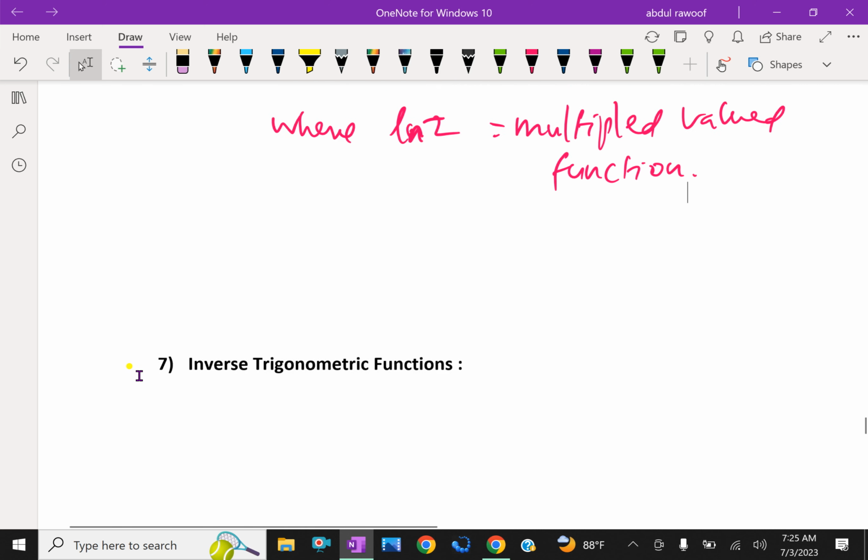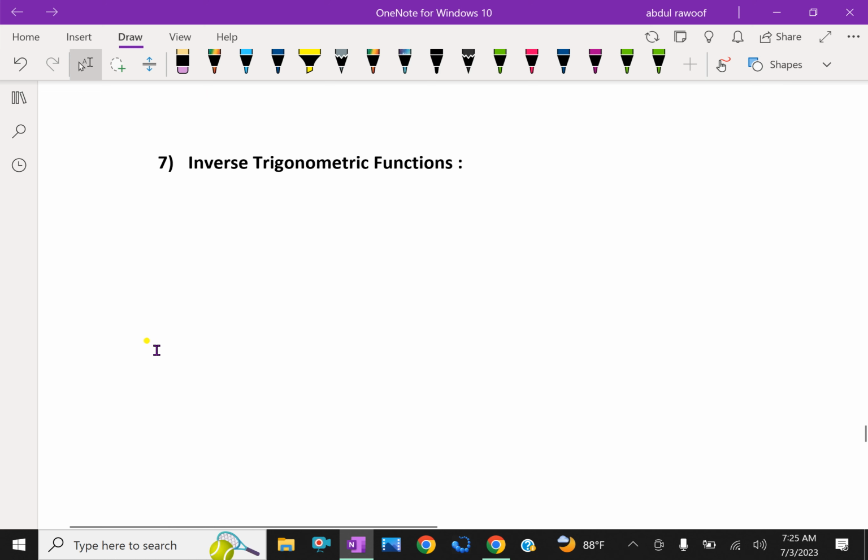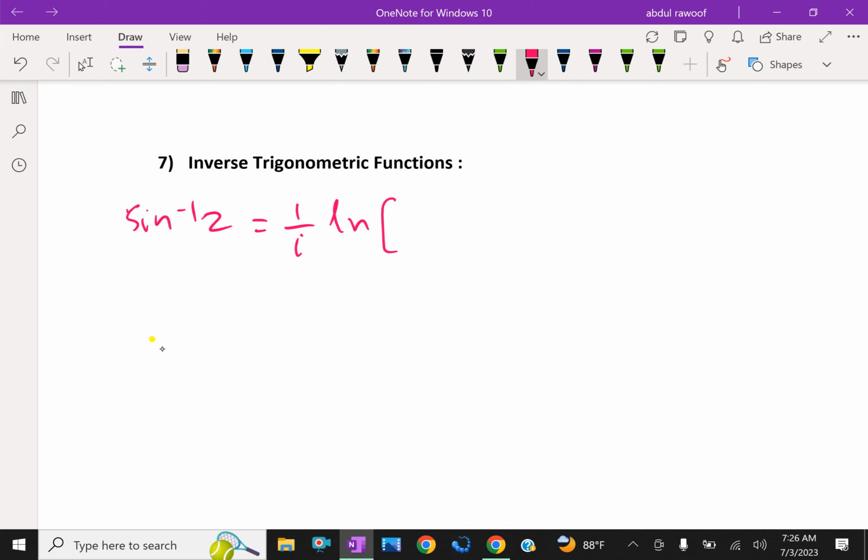Now, next is inverse trigonometric. For inverse trigonometric also applies here. Look here, sin inverse z is a normal inverse which is equal to 1 over i ln of iz plus root of 1 minus z square.